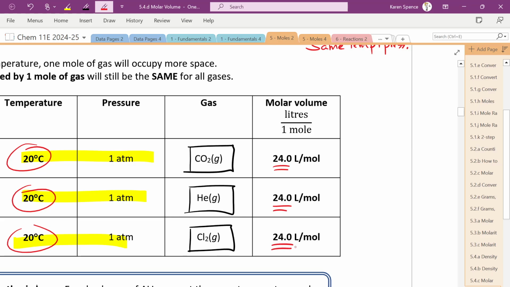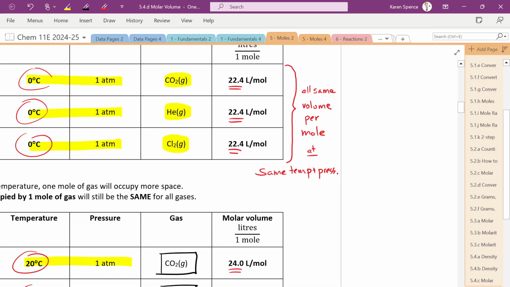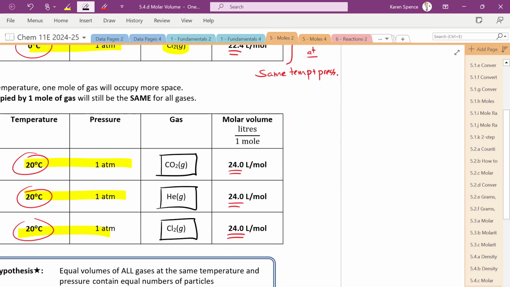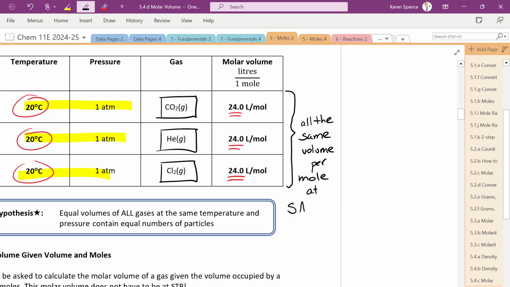They are all the same. T and P stands for temperature and pressure, okay?